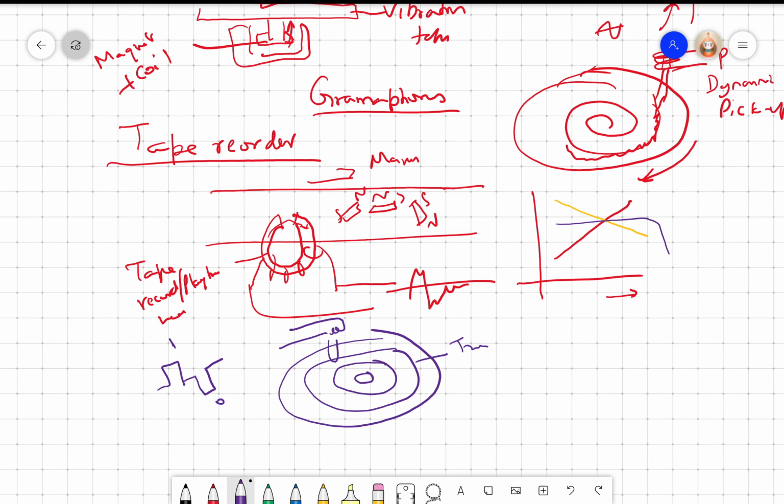Only thing is, we don't use the vertical coil. We have a slightly differently structured coil, so that instead of creating a north-south magnet here, this creates north-south in the vertical direction to the magnetic disk.